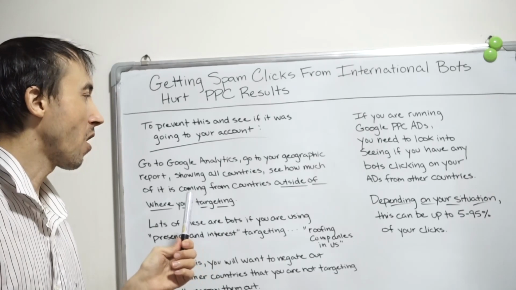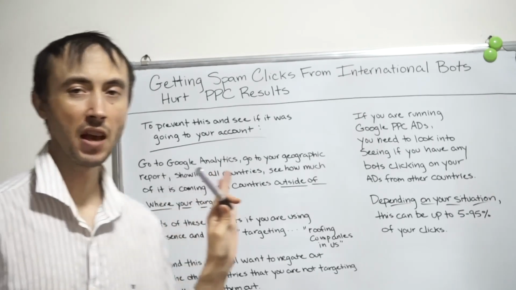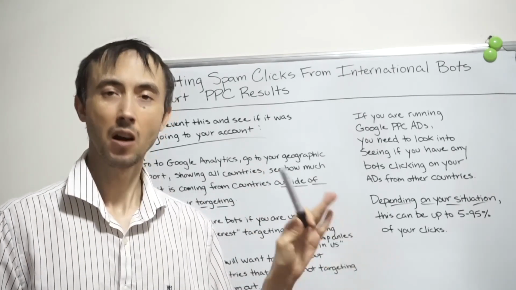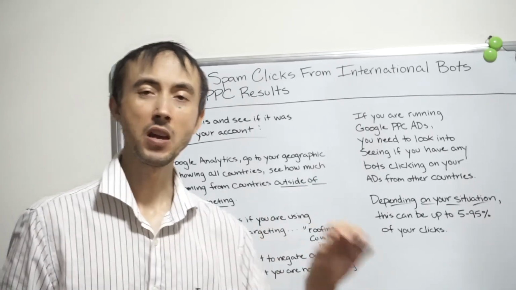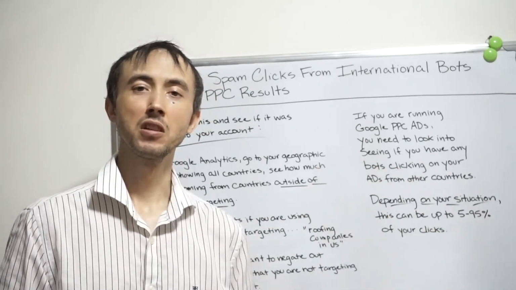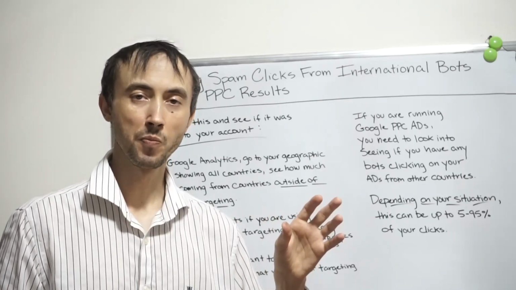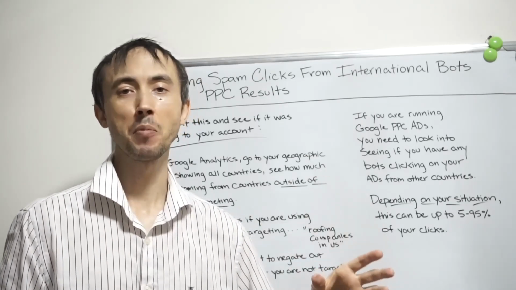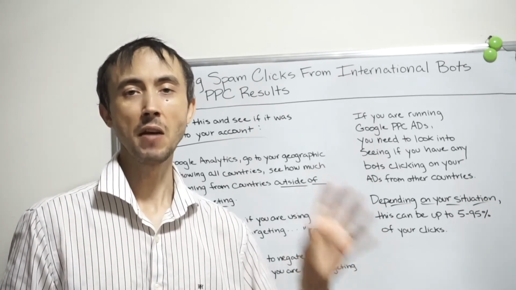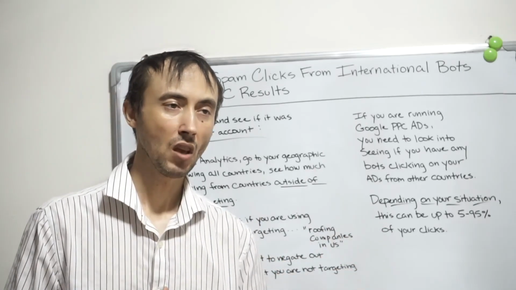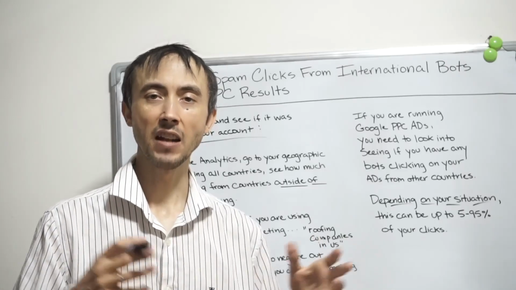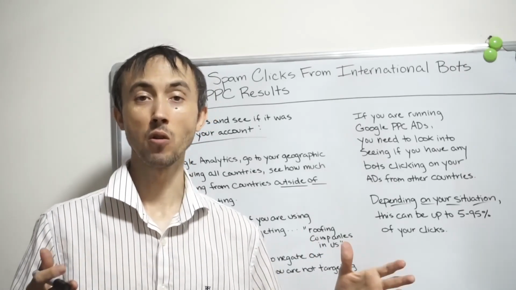But if even 5% of your paid traffic is coming from international accounts, you probably have a problem. At 10% or more, you definitely have a problem. Why 5%? Well, the tracking that Google Analytics has is not totally accurate.